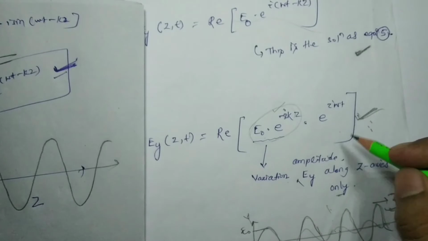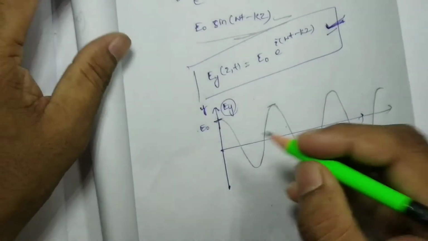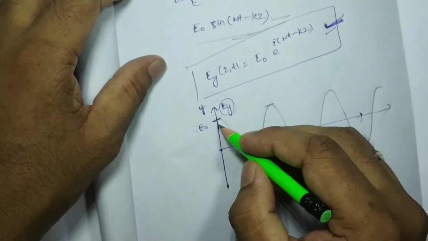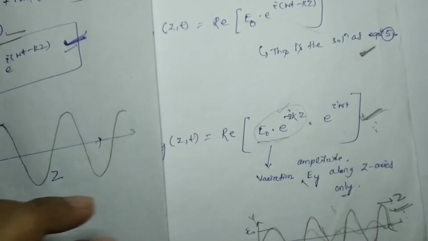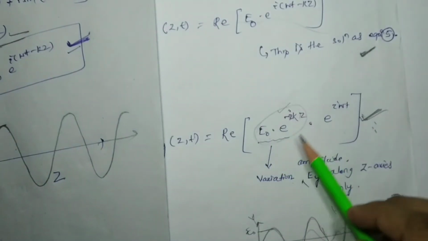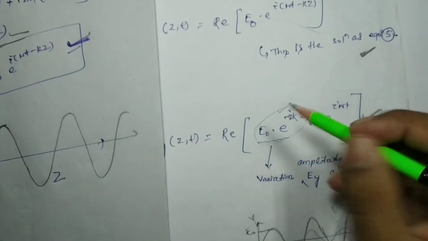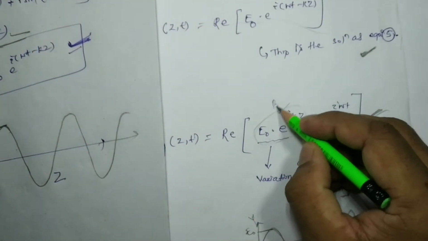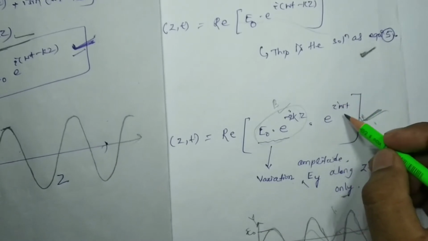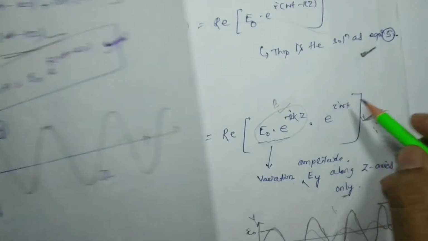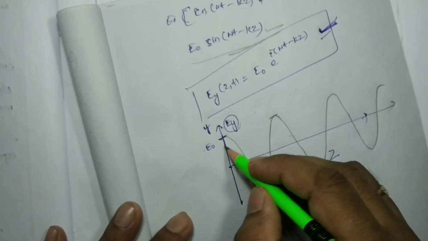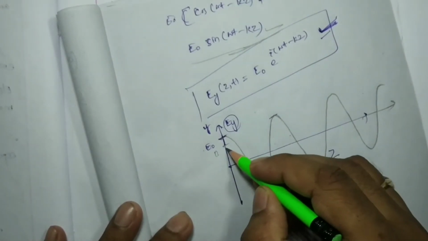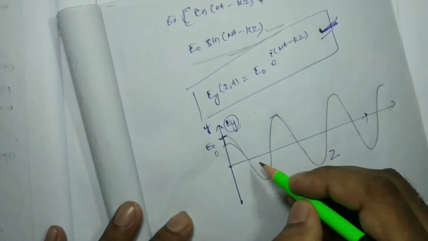So with respect to time, this also oscillates. If we consider this as a constant, suppose b, then b is going to oscillate with respect to time. As it is e to the power i omega t, it will oscillate like this.